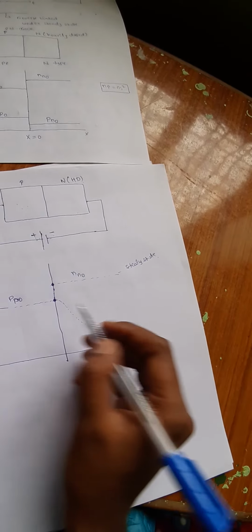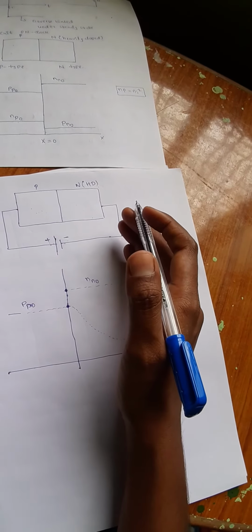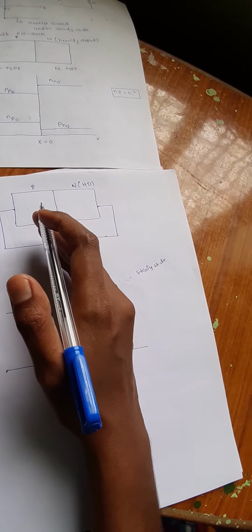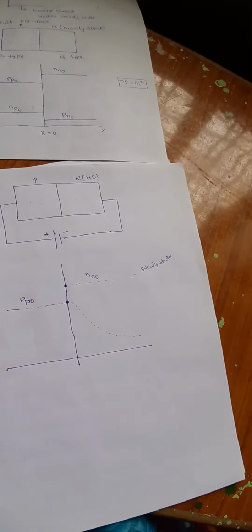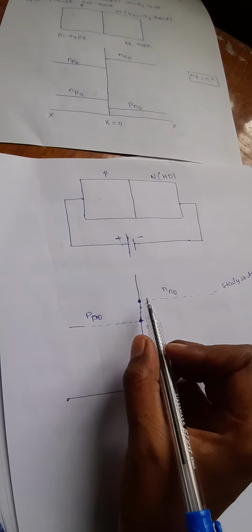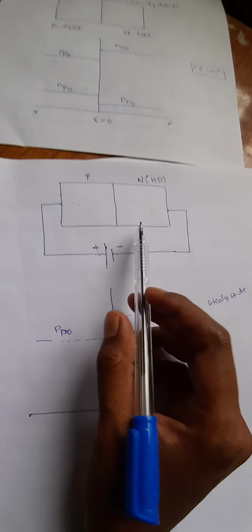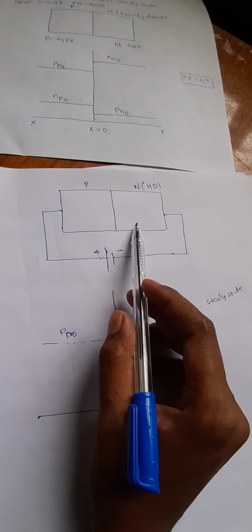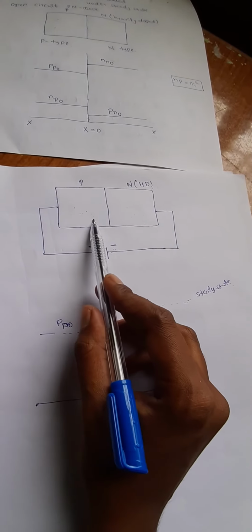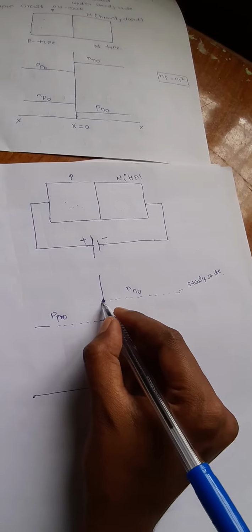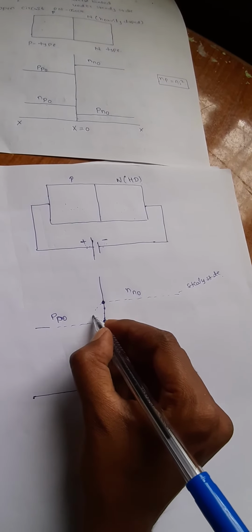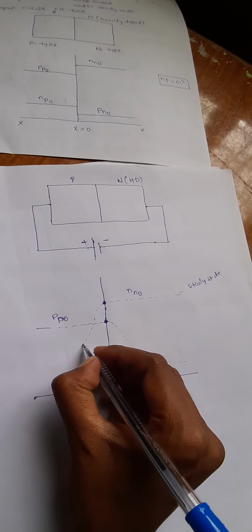As it moves away from this junction, the carriers present in the p type material will decrease exponentially. In the same way, the majority carriers present in an n type material will be injected into this p type material, and at the junction the concentration will be more. As we move away from the junction, the concentration decreases exponentially.